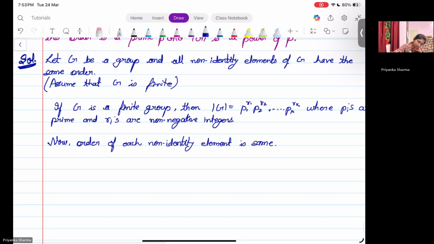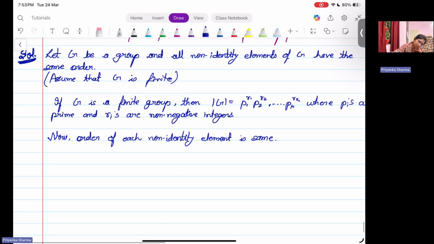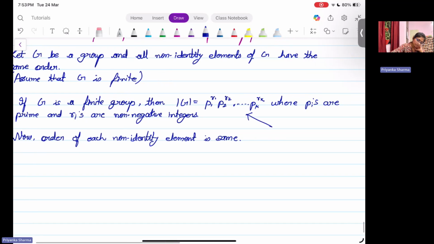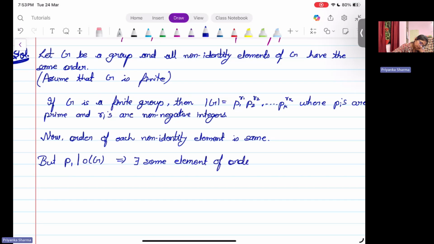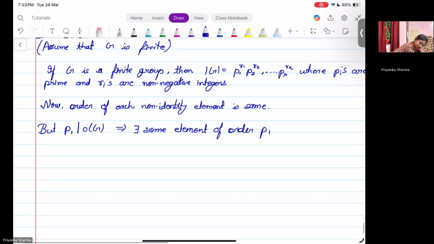So from here, what we can see, P1 divides order of G. So there exists some element of order P1.